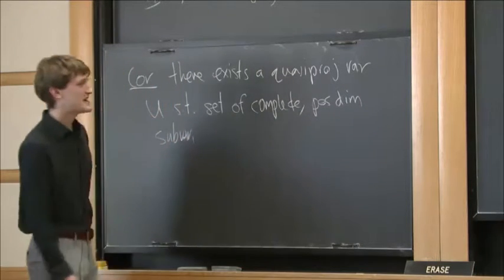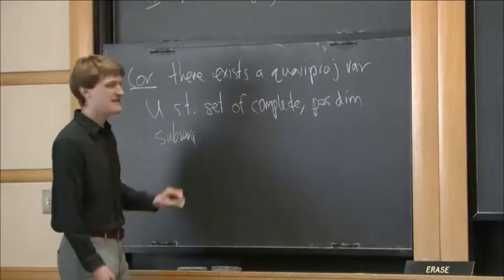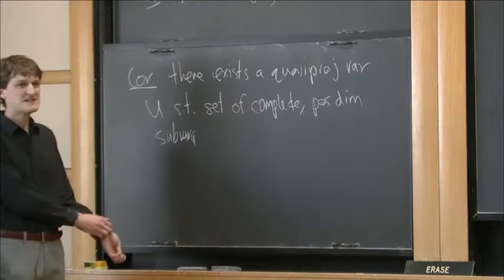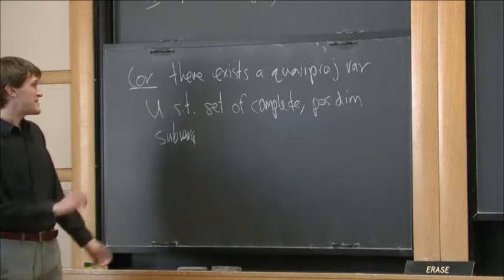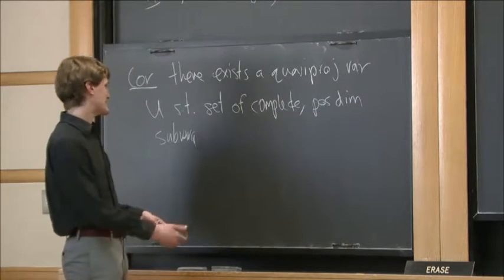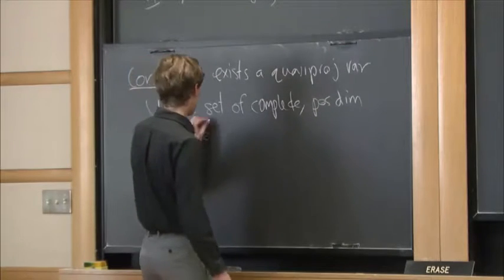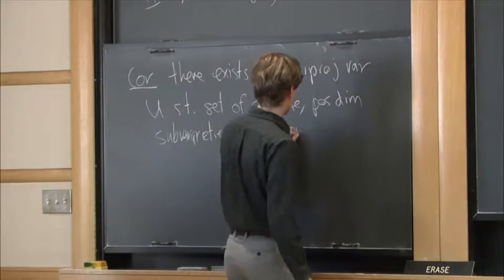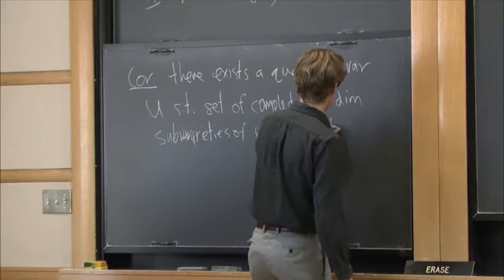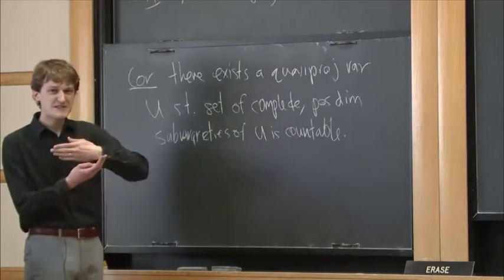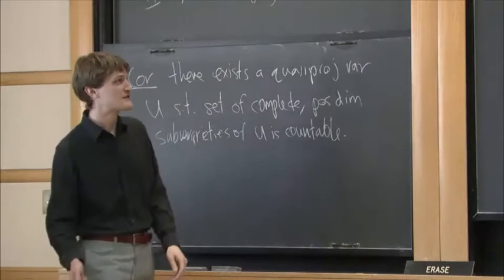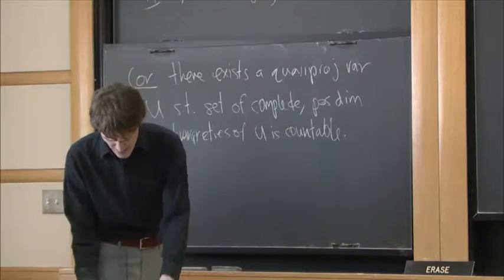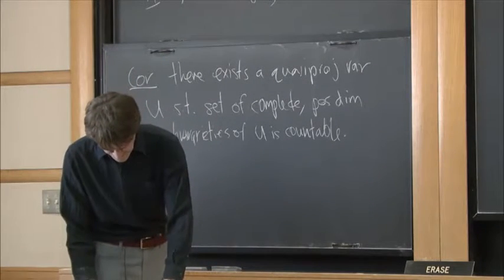As far as I know, no one actually ever asked about this, but I think it's kind of fun to see an example. It's a very, very elementary question, but it's not so easy to actually write such a thing down. So we're going to have a quasi-projective variety with a discrete countable set of complete curves on it and no continuous families of curves.